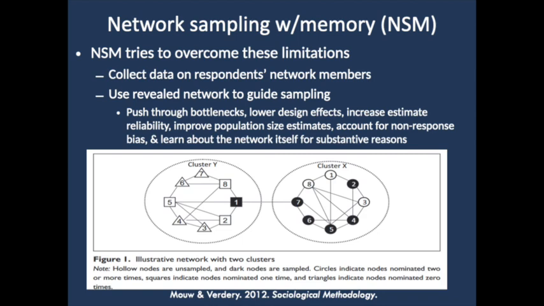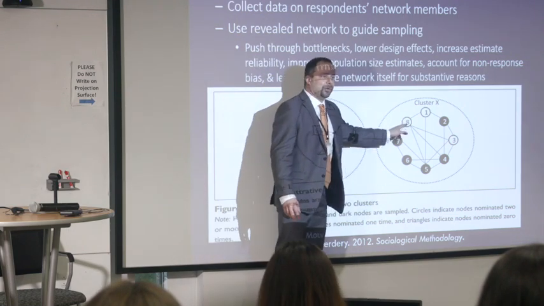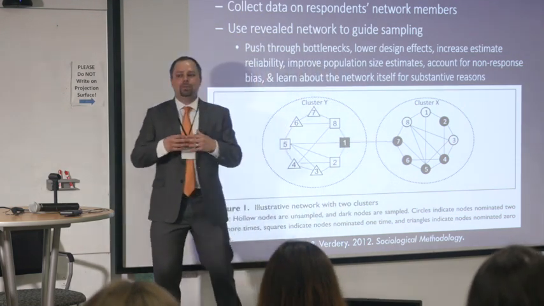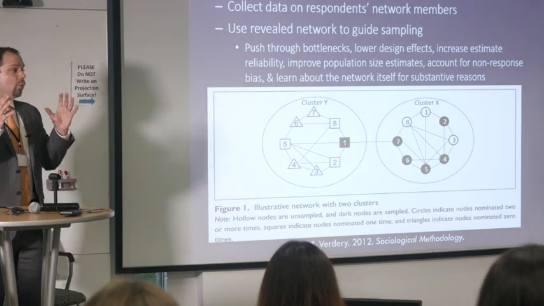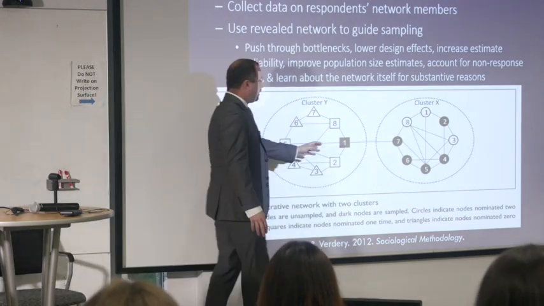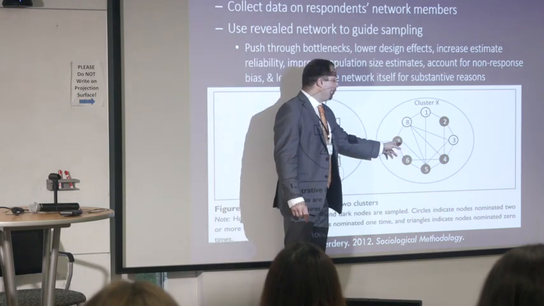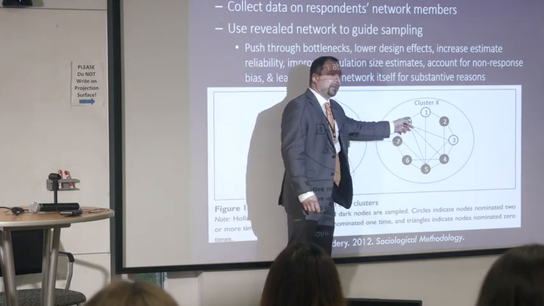We tested this on a very simple theoretical case. The idea here is if you're sampling the black nodes and you end up at node 7, you really want to sample node 1. You don't want to sample node 8. And so we tried to say, how could we design a privacy-protecting data collection procedure that recognizes node 1 is in our sample, we want to push them over here, not have them go up there.